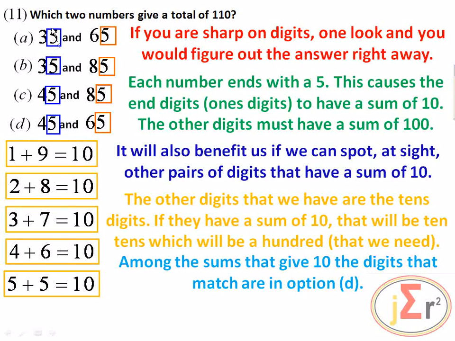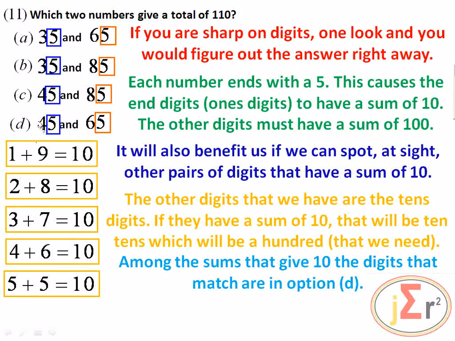So add the two 5s, we get 10. We need to add the tens digits to get 10. So 10 tens, 100. We just need to look at the pairs and see which pair will add to give 10.